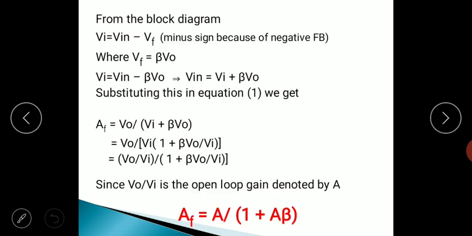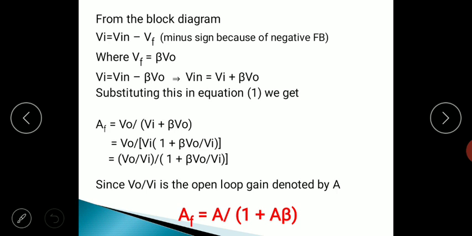From the block diagram, since there is negative feedback, the effective input applied will be the external input Vin minus the feedback signal Vf, that is Vi equal to Vin minus Vf. If it were positive feedback, we would have written Vi equal to Vin plus Vf. Since here we are using negative feedback, we write Vi equal to Vin minus Vf.